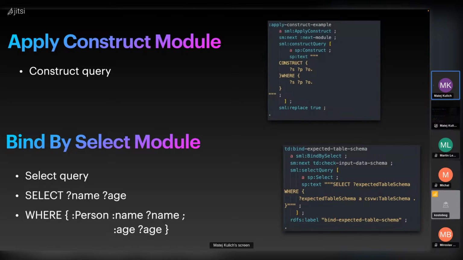The output is a constructed RDF graph. The advantage is that you can build more constructs and combine them and connect them together. We can see in the picture how apply construct is used within a pipeline. You specify the construct body and where clause.